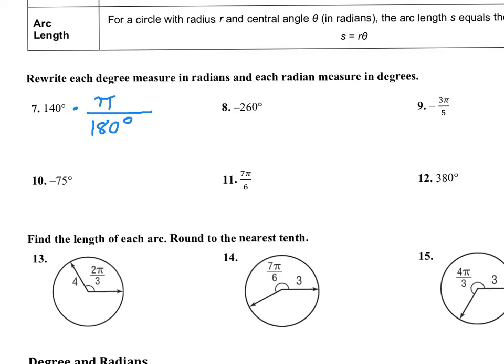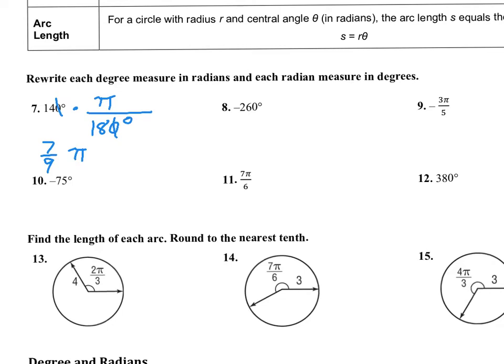And I don't have to write the word radians because seeing the pi, you already know it's in radians. Alright, so we just have to reduce 140 over 180 is the same as 14 over 18. 14 over 18 is 7/9 pi. And that's in radians, and we know that because of the pi.